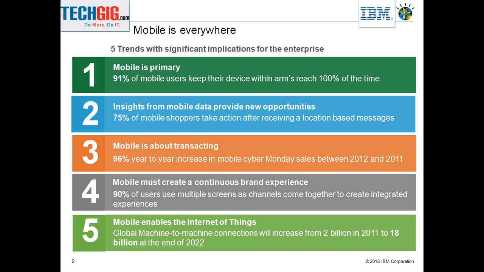Point number two, the second trend, is that insights from mobile data provide new opportunities. For example, it was found that 75% of mobile shoppers take action after receiving location-based messages.